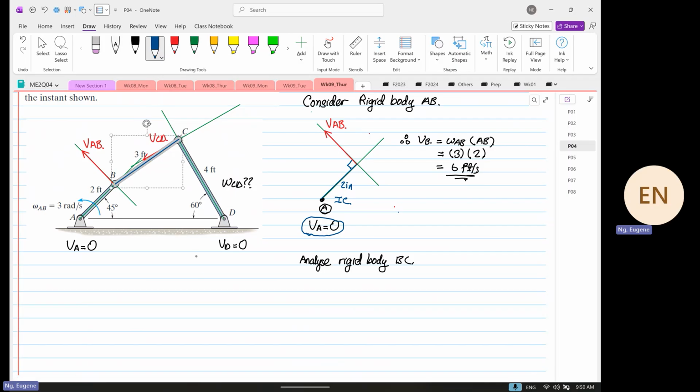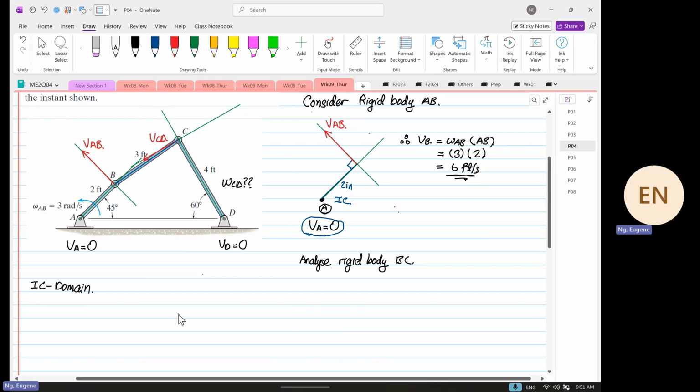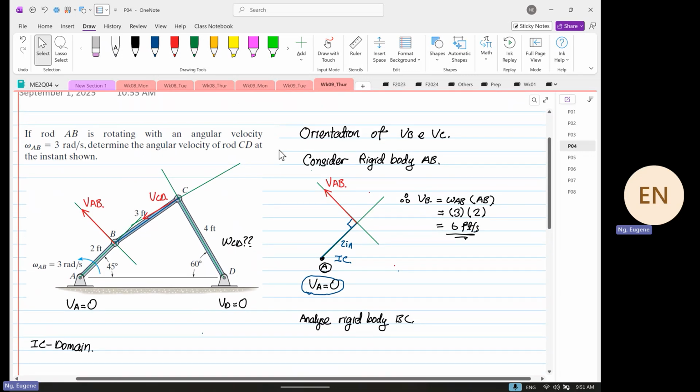Then we are going to IC domain. Now, for this problem, we can use instantaneous center all the way, because we know the orientation.